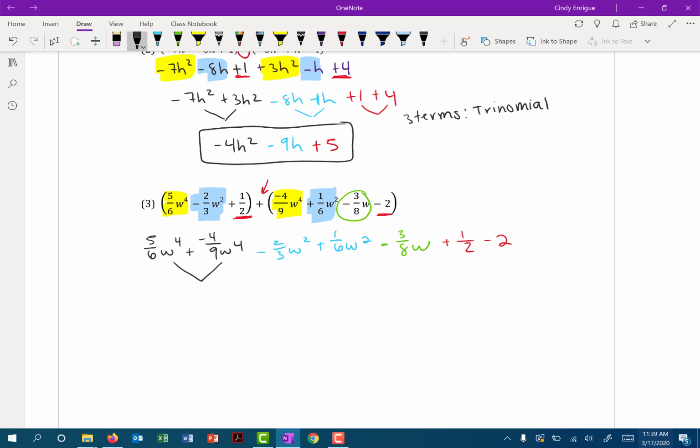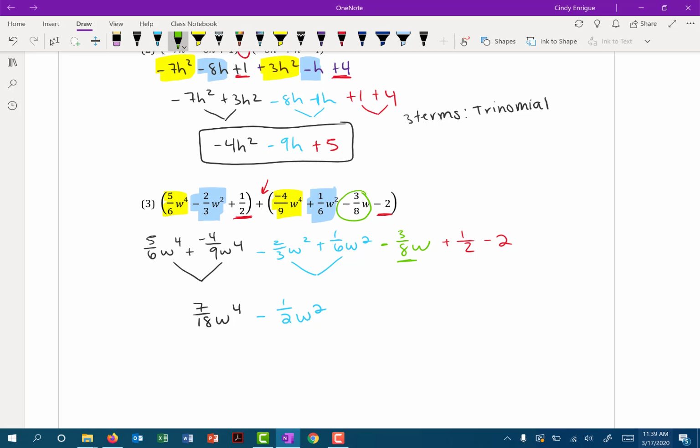So 5/6 plus negative 4/9. When I put that into my calculator, I get that my LCD is 18, and I have 7/18 w to the fourth power. Now for my w squared terms, negative 2/3 plus 1/6 gives me a negative 1/2 w squared.